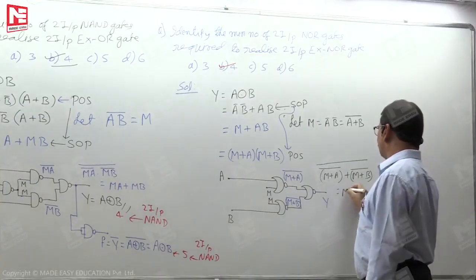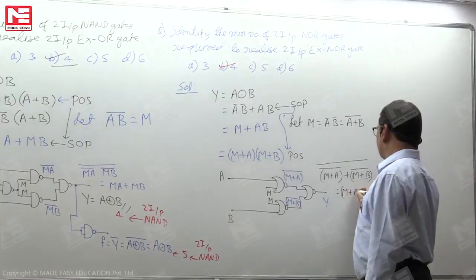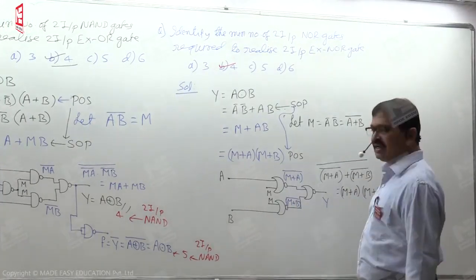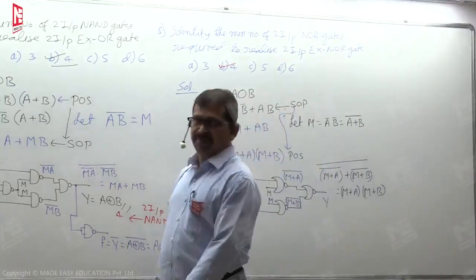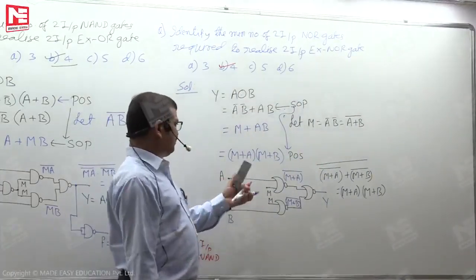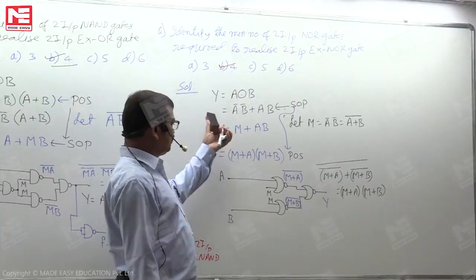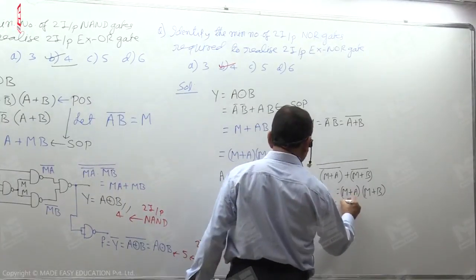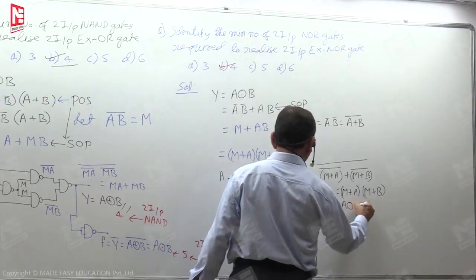So using De Morgan's property, it results in (M plus A) and (M plus B). It's a POS, as we mentioned. Of course, it is nothing but equal to Y, which is A exclusive NOR B.